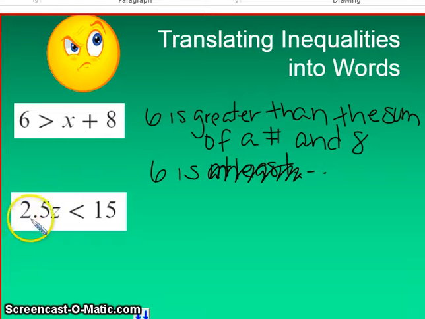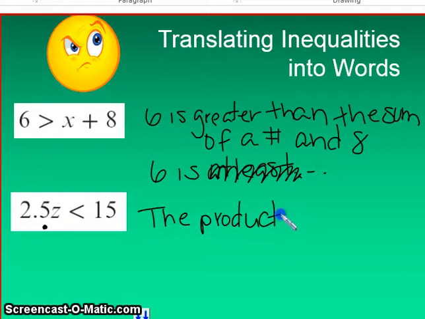Now here we've got 2.5z is less than 15. So notice we're doing multiplication here. So we could say the product of 2.5 and z, or we could say and a number.